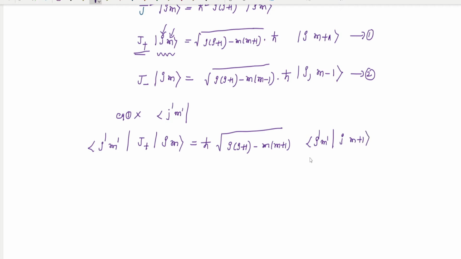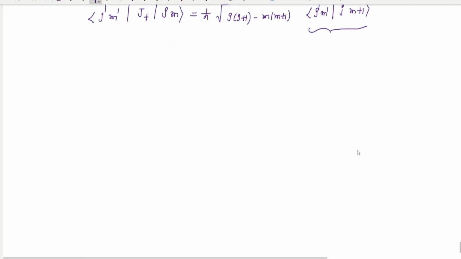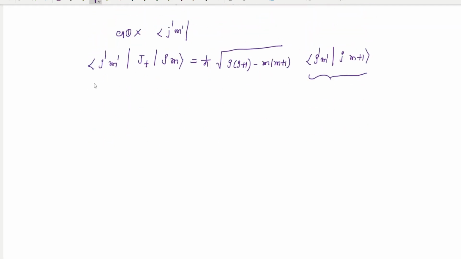We need to write this notation in terms of the Kronecker delta form, then we can understand the value.